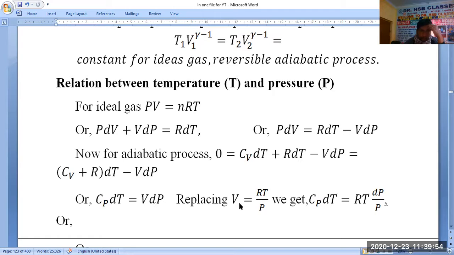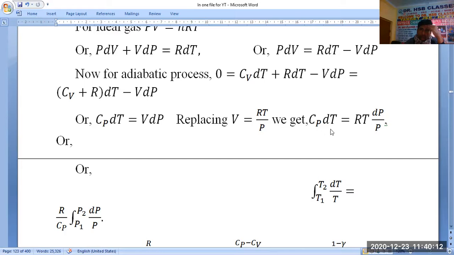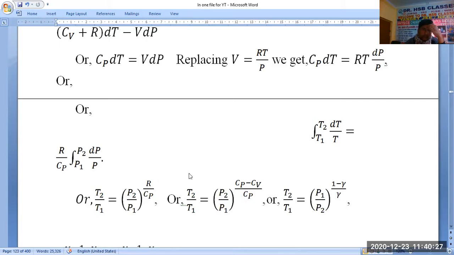Replacing V equal to RT by P, we get Cp dT equal to RT dP by P. Now cross multiplying, Cp dT by T equal to R dP by P. So this is the relation.